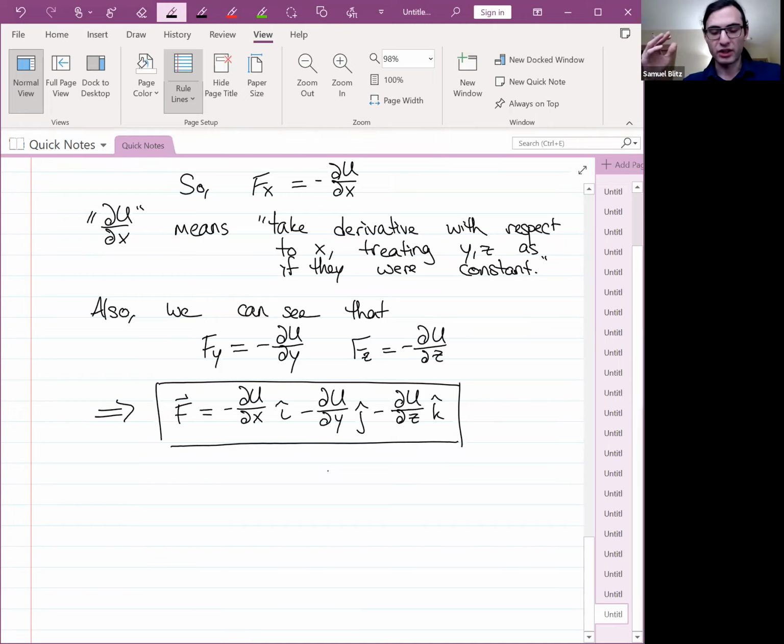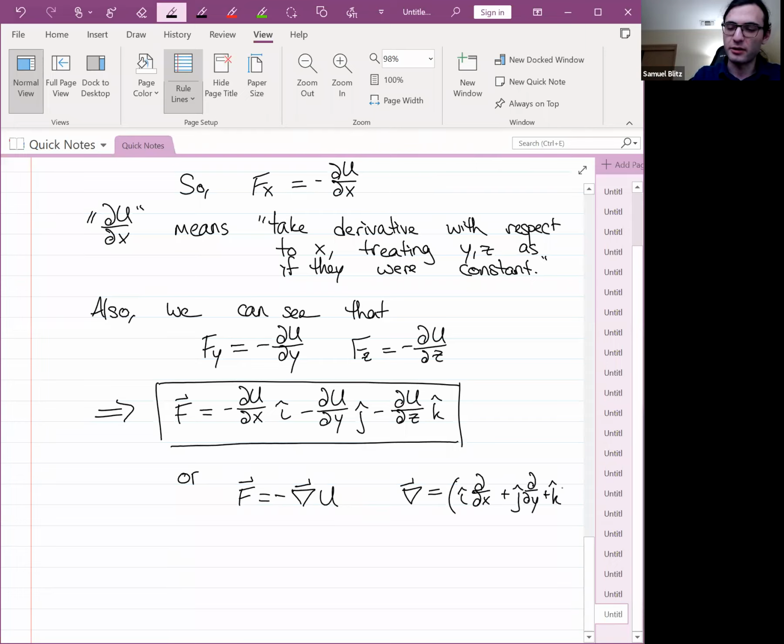So just as a quick notational thing, this notion can be captured much more succinctly, written this way: negative upside down triangle u. Now this upside down triangle has a name. It is a differential operator, and it means the following: i hat d by dx plus j hat d by dy plus k hat d by dz.